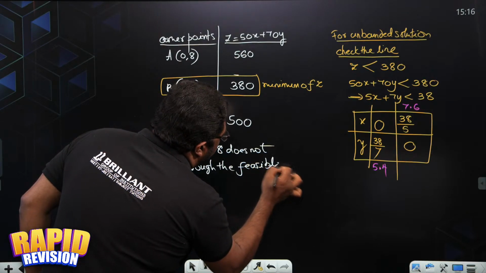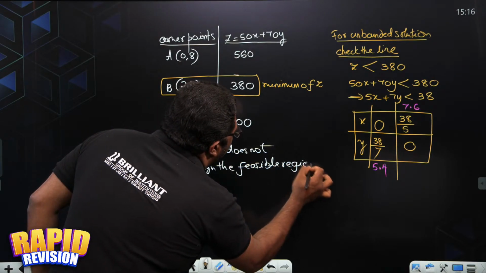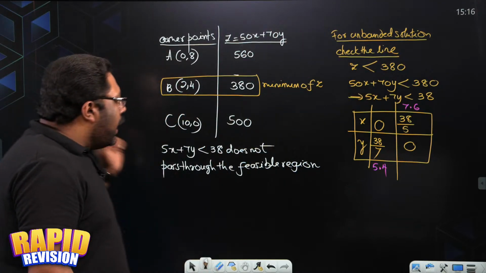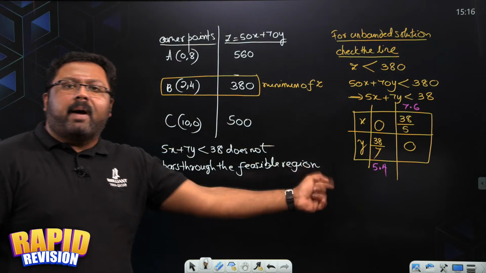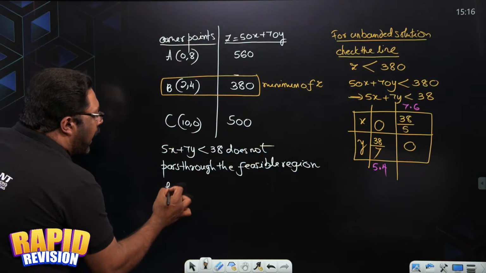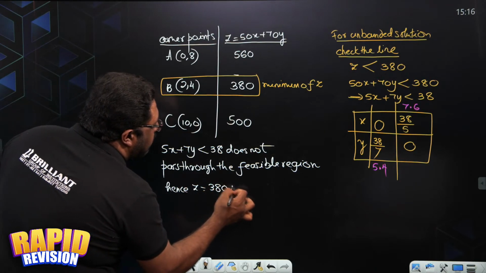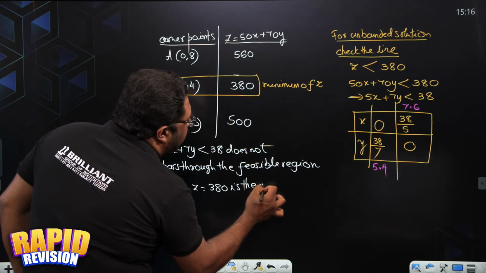I drew one more line using z less than 380, and that line does not pass through the feasible region. Hence, z equal to 380 is the minimum value.